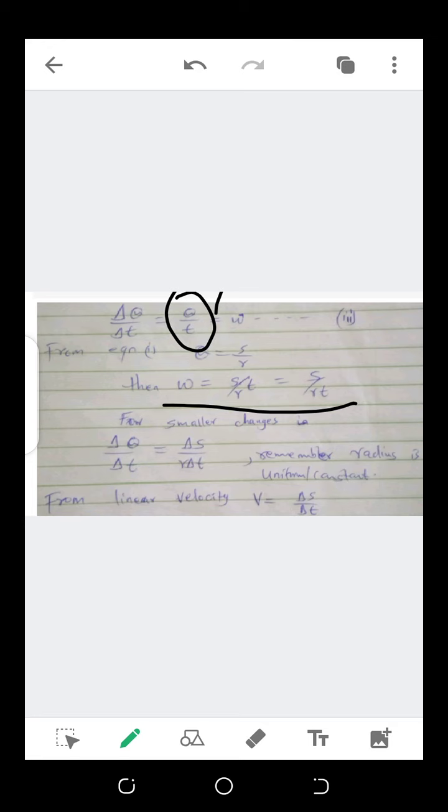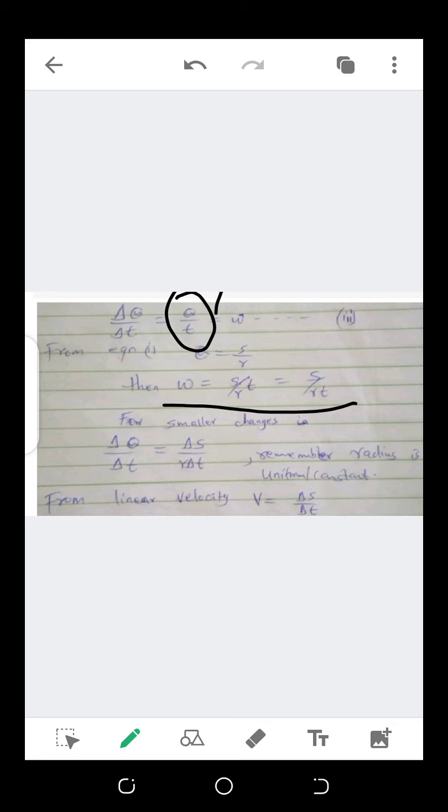R is a constant. Remember, you can't say that the radius of a path changes. We normally trace the radius to be the same. In other words, R is a constant. R is uniform. R does not change, and that's why I've not used change in R. I've just said change in S, you divide by R, change in T.